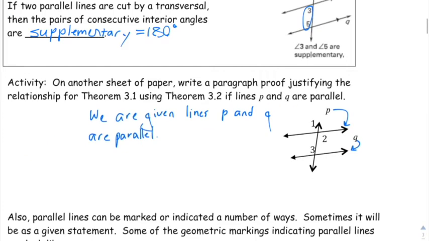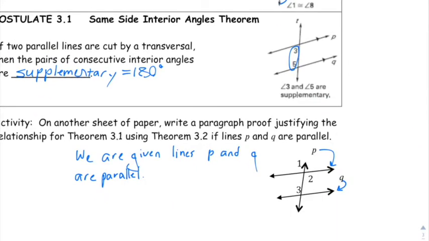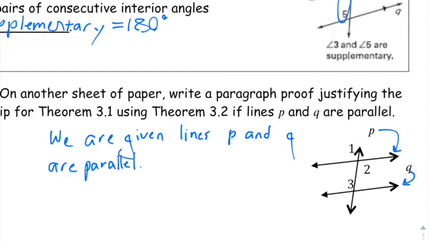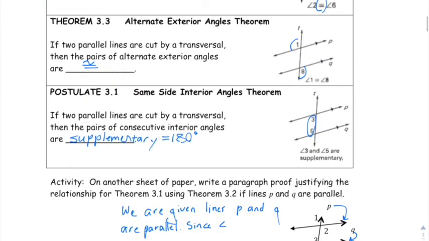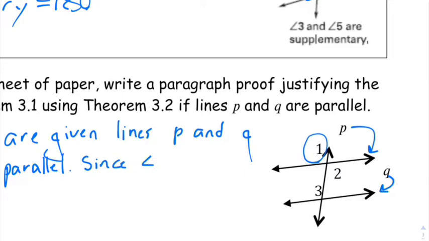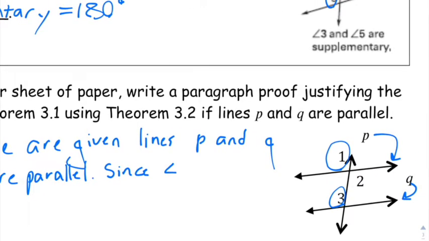And then once again, we're using 3.2 right there. So we'll say since angle, wait, what are we doing here? Oh, corresponding angles. So we need to look at our corresponding pair. So 1 and 3 right there, those are going to be congruent based off of theorem 3.2.